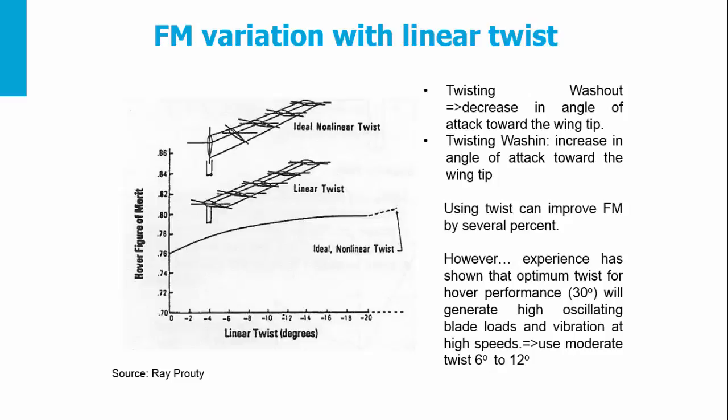However, experience has shown that the optimum twist for hover performance, which is about 30 degrees, will generate highly oscillatory loads and vibration. Therefore, in helicopters, we use only moderate twists between 6 to 12 degrees.